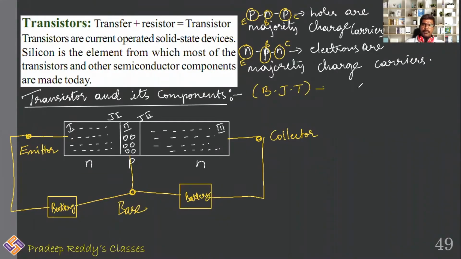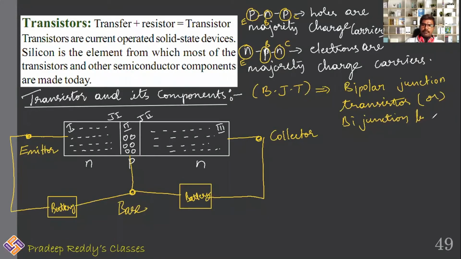BJT is bipolar junction transistor, or you can even call it a bijunction transistor. Bijunction transistor means there are two junctions here, 1 and 2.